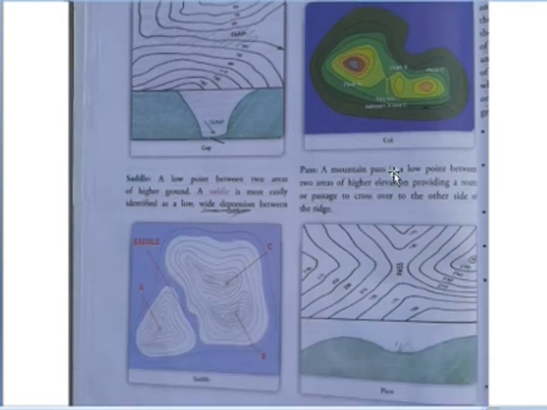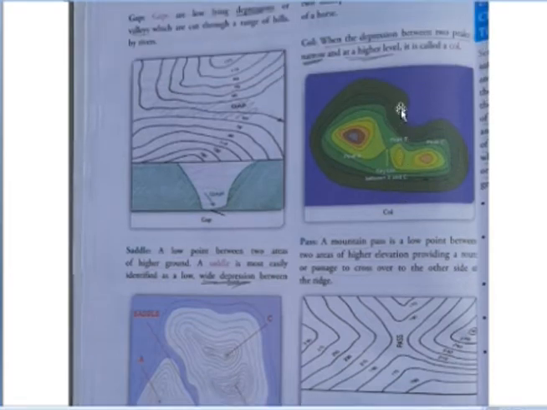What is a col? In the same way, but a col is at a high level and is a very low depression. It is a depression between two peaks that is narrow and at a higher level.